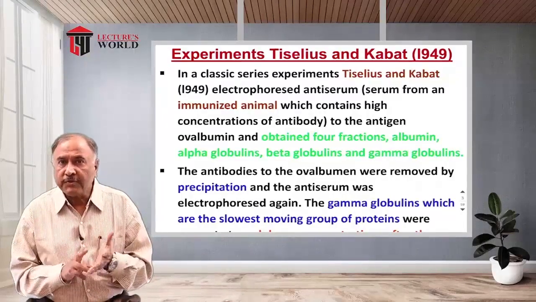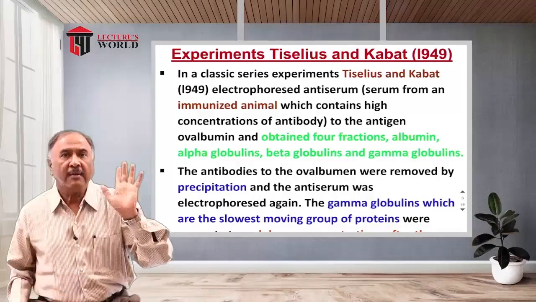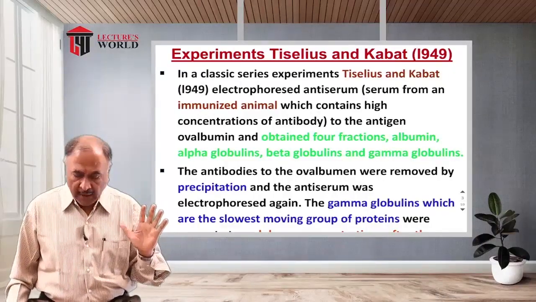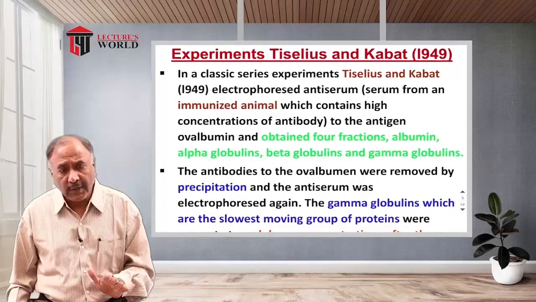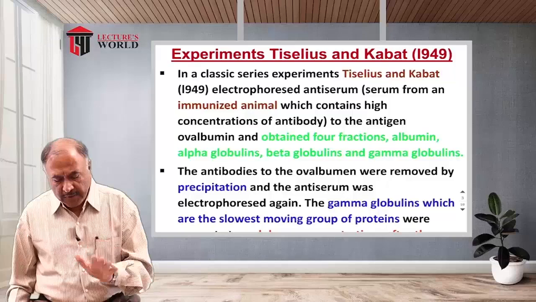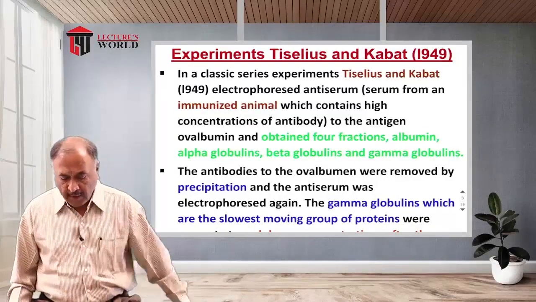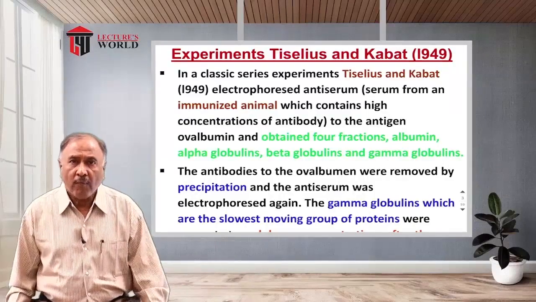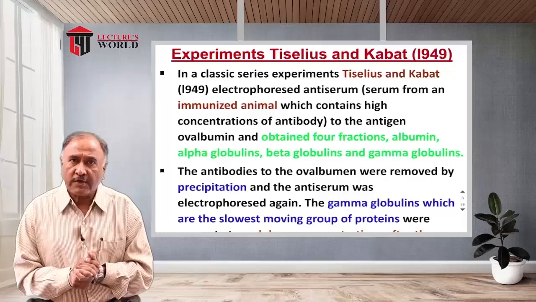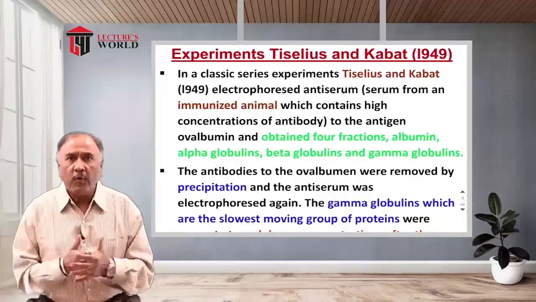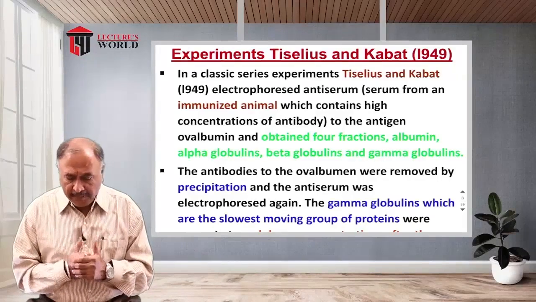So 3 portions of alpha, beta and gamma globulins, and 1 was albumin. All of them are proteins. Albumin is also protein, and alpha, beta and gamma globulins are also proteins. So when you obtain such 4 peaks during electrophoresis, it means these 4 proteins were separated by electrophoresis.